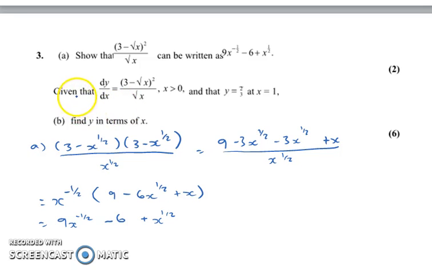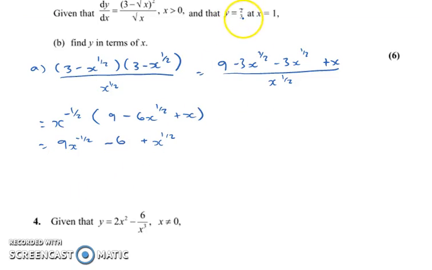It then says, given that dy by dx equals this, and that y equals 2/3 and x equals 1.